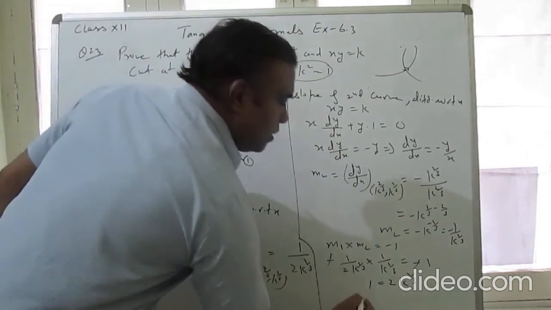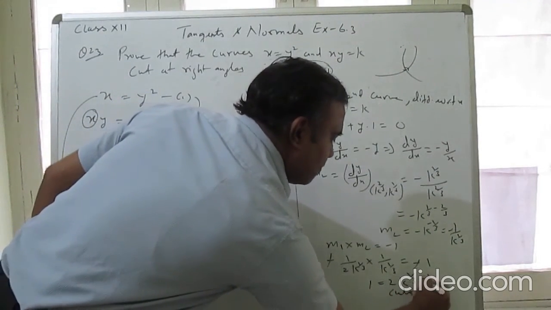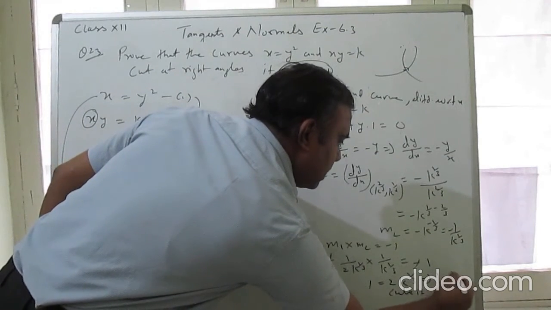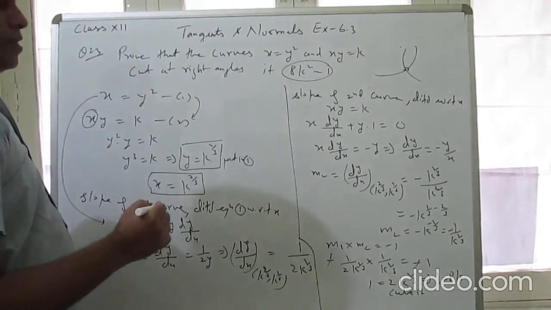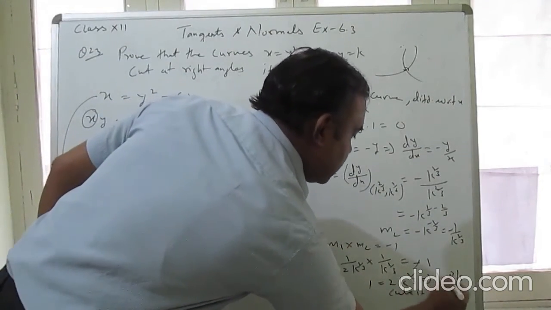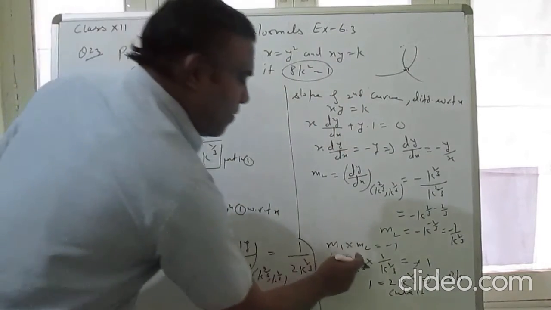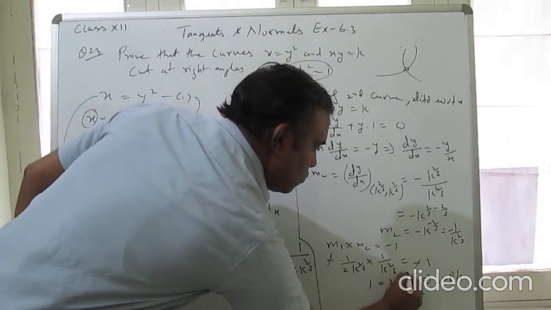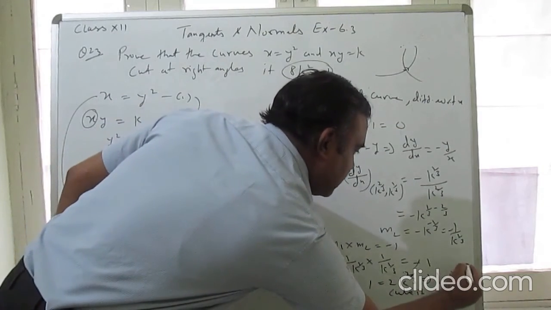Cube it, you will get 1 is equal to 8k to the power, when you cube it, 3 cancels with 3 and the power is 2 by 3. Powers add since the base is the same, 1 by 3 plus 1 by 3 is 2 by 3, and it is 8k square.